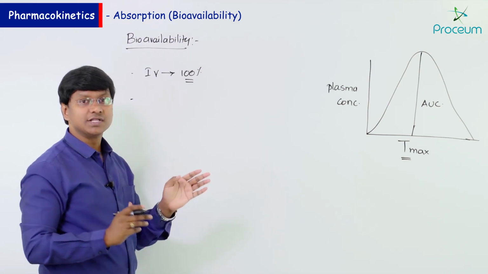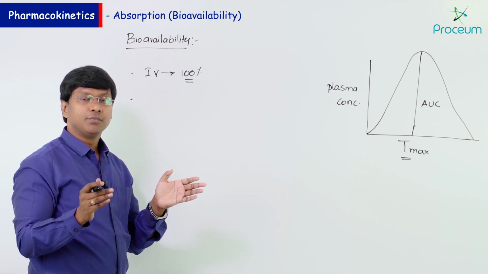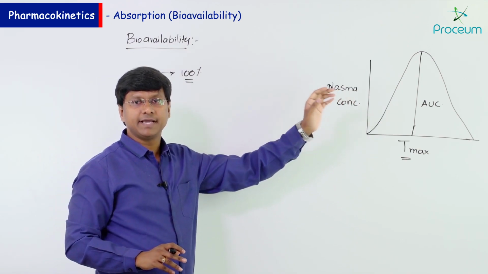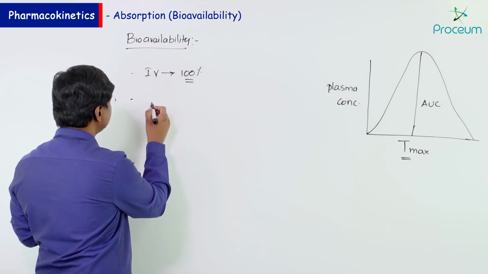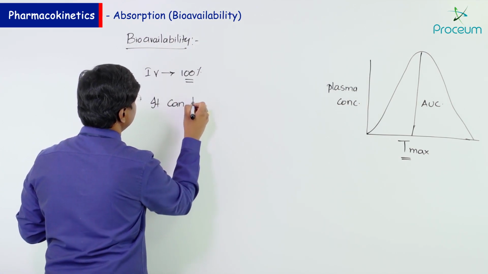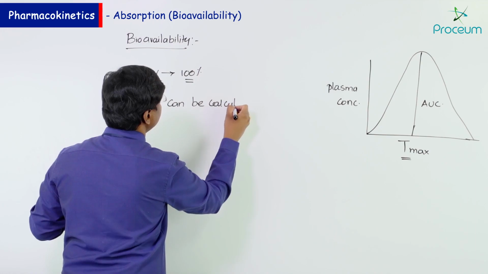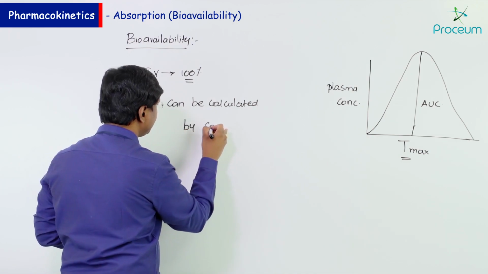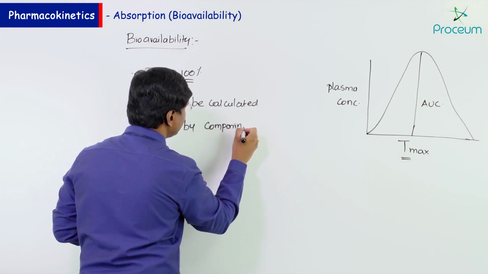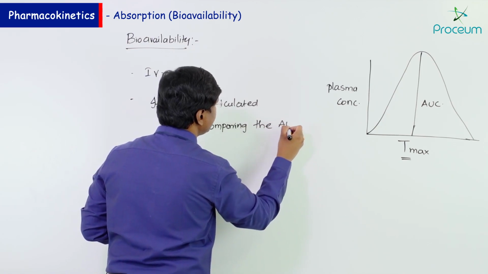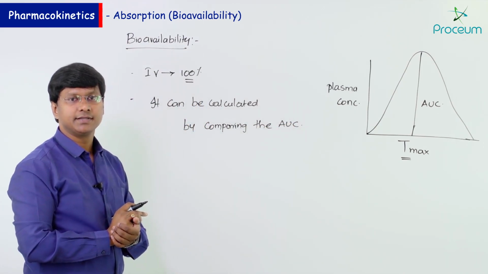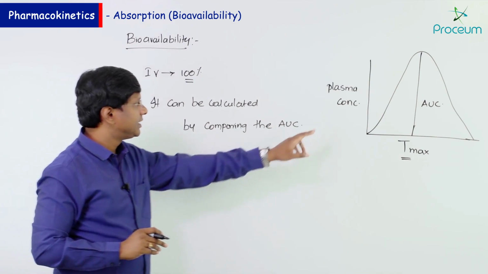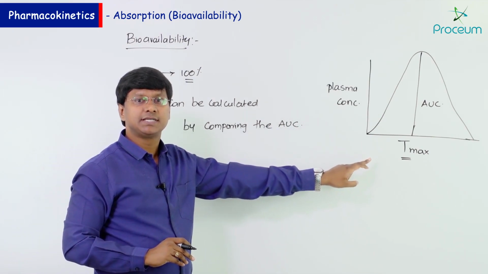So remember, the concentration of a particular drug when given through other routes apart from the intravenous route can be calculated by comparing the area under the curve, that is the area under the plasma concentration time curve.